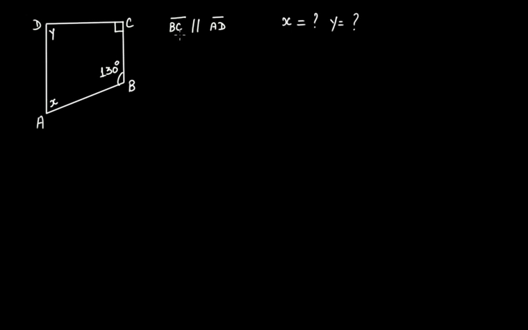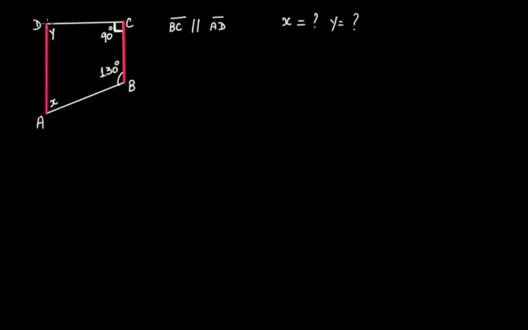Here BC is parallel to AD, what is x and what is y? Now angle B is given as 130 degrees, and this mark tells you that it's actually a right angle, that is, this is 90 degrees. If this is 90 degrees, so tell me, this AD is parallel to this one, BC, right?